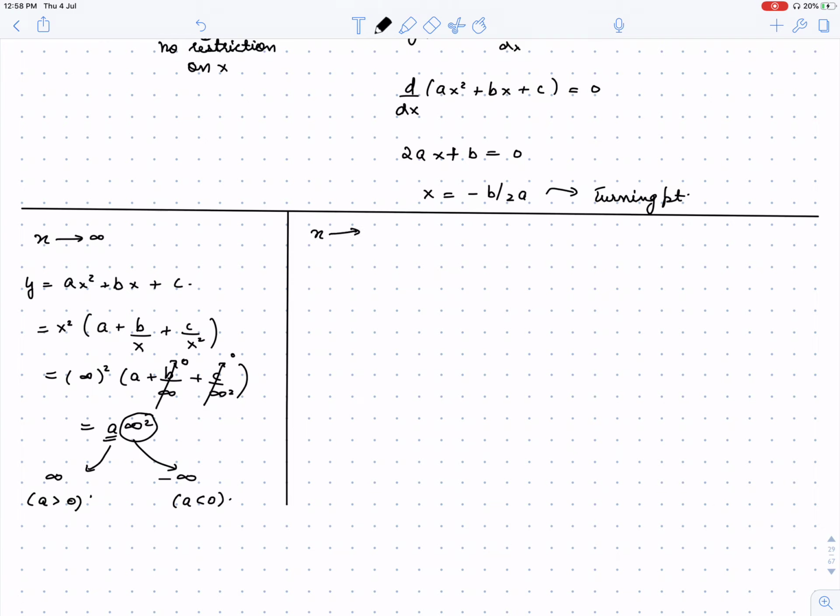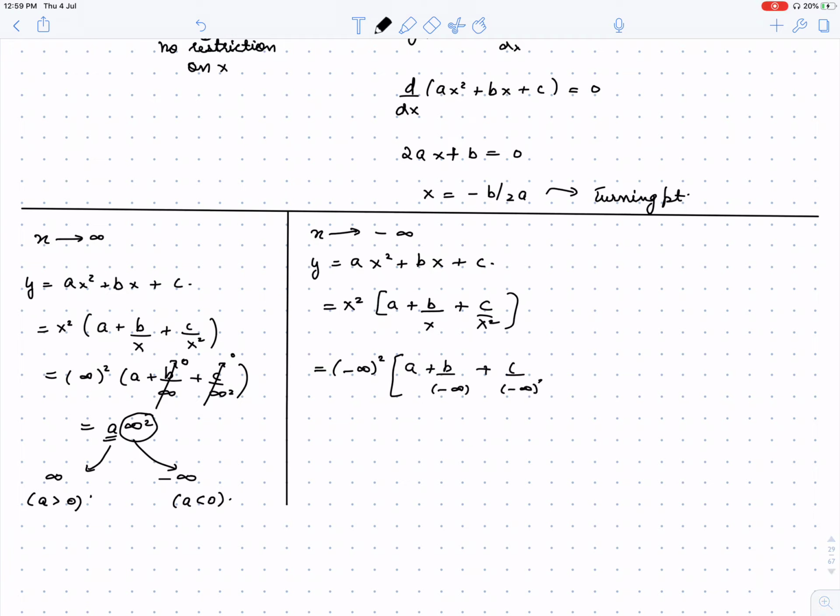Second, if you check x at minus infinity, y would be equal to ax square plus bx plus c, which can be done by taking x square common, which is a plus b by x plus c by x square, which takes the form of minus infinity whole square times a plus b by minus infinity plus c by minus infinity whole square.